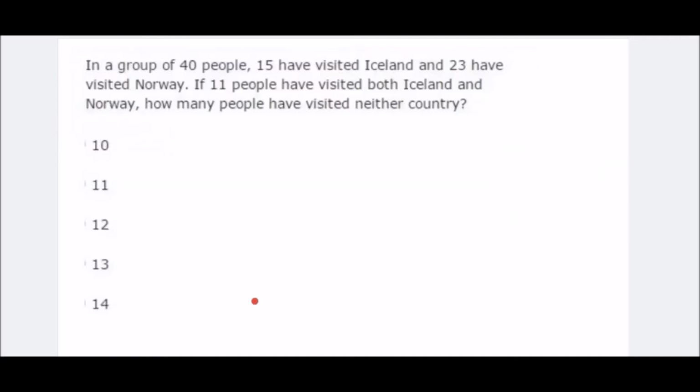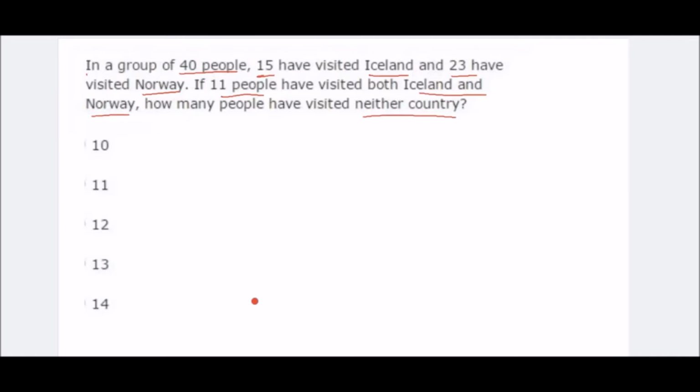Our next question is, in a group of 40 people, 15 have visited Iceland and 23 have visited Norway. If 11 people have visited both Iceland and Norway, how many people have visited neither place? Here we can use the set formula that we studied at school level.